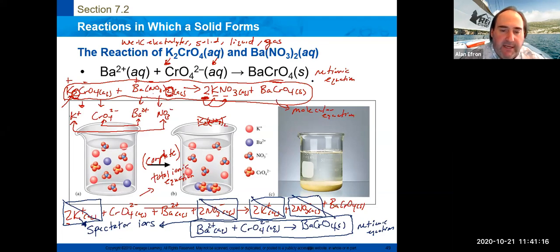So the net ionic equation cuts way down to exactly the main reaction that is happening here. And in a precipitation reaction, the net ionic equation will tell you what ions are coming together to form that solid. The potassium in this case, the sodium in this case, again, they're just spectator ions. And in reality, if you look at this picture on the right, they're floating around up here in the solution part.